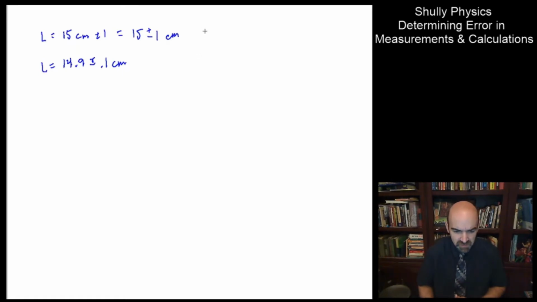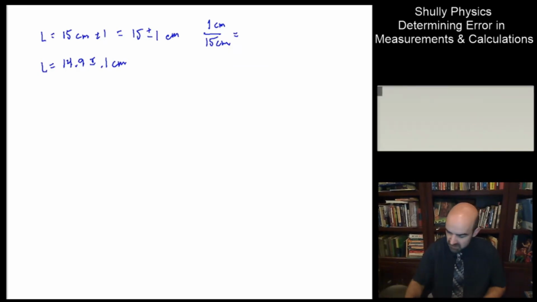So what I can then do is take the 1 centimeter, let's go for the first one, see how precise this is, and divide it by 15 centimeters. You see the centimeters will cancel. We'll bring my calculator up here. Just take 1 divided by 15, and we get a percent out of that, 6.67%.